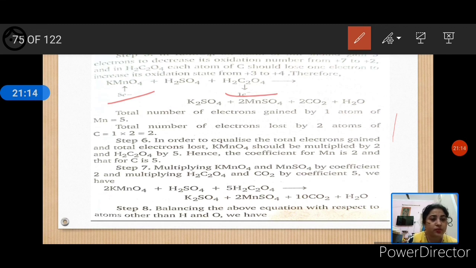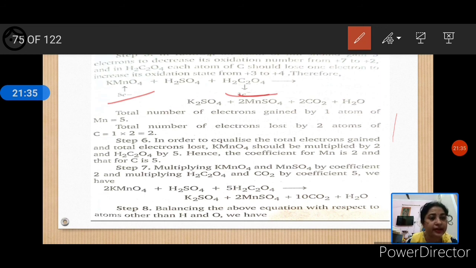The total number of electrons lost by two atoms of carbon is 2 electrons, as two atoms are here. So next step, in order to equalize the total electrons gained and total electrons lost, KMnO4 should be multiplied by 2.